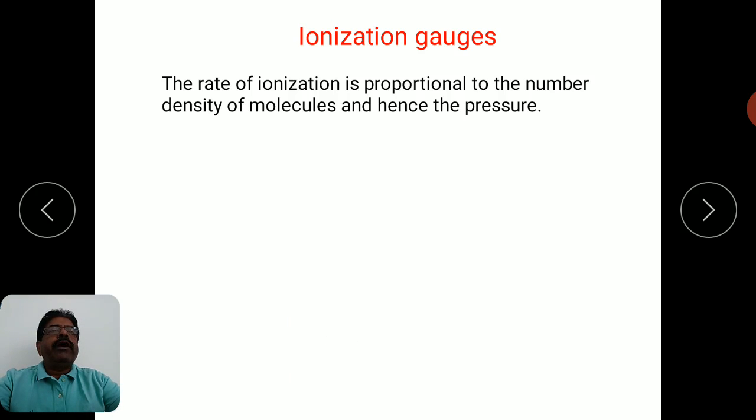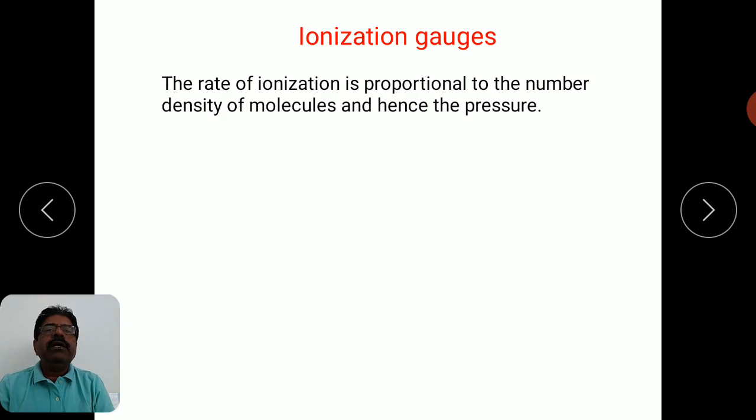So the rate of ionization, in case of ionization gauges, is proportional to the number density of molecules and hence the pressure. Whatever the number of molecules present inside a chamber at a particular instant, that actually indicates a pressure inside the chamber, and that is what we want to measure.